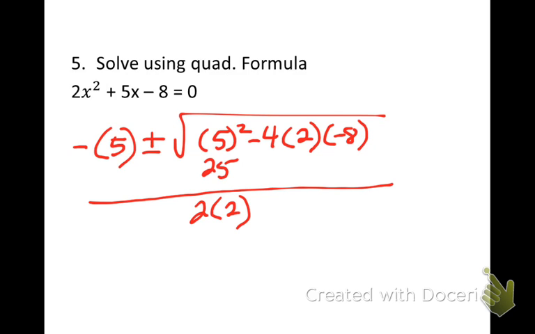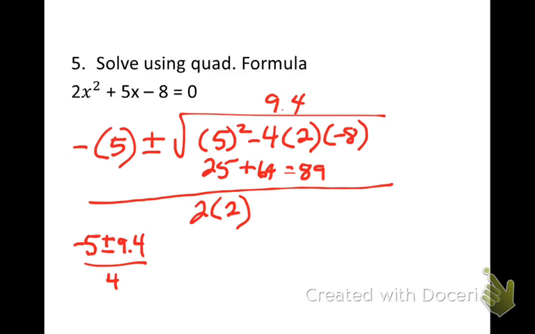So we get 25, negative times negative is going to be plus 64, which gives me 89 underneath the radical. Take the square root of 89, that is 9.4. So I get negative 5 plus or minus 9.4 all over 4.